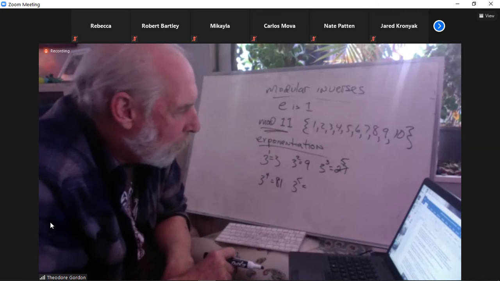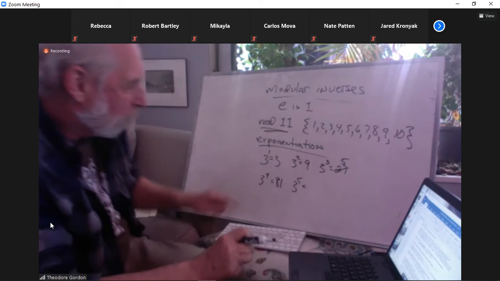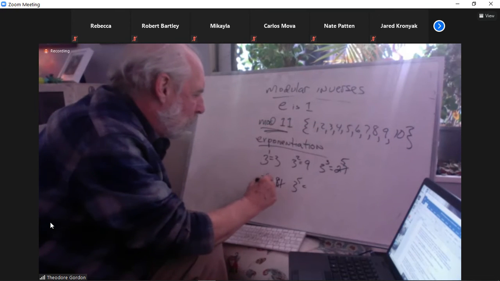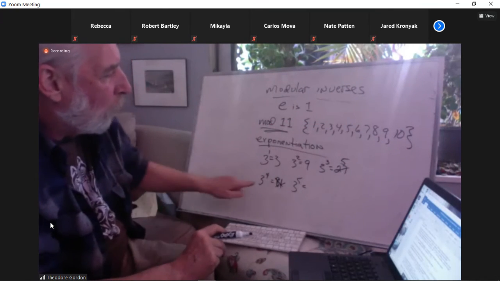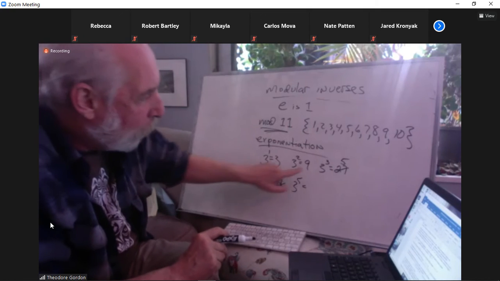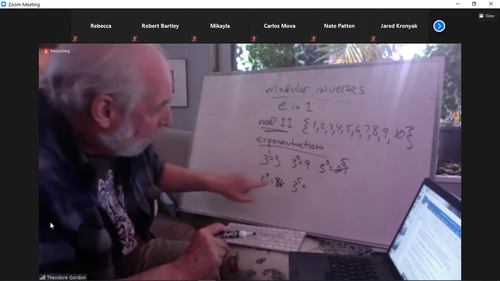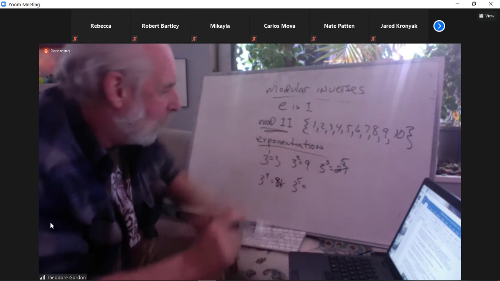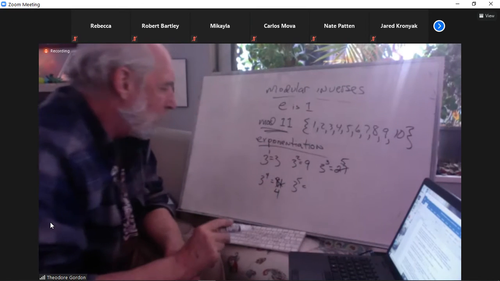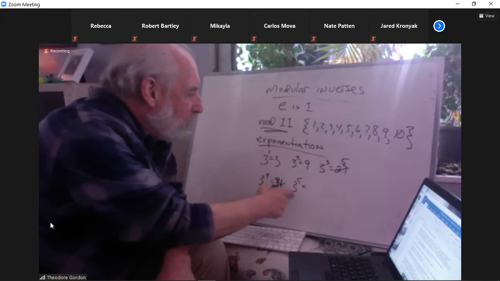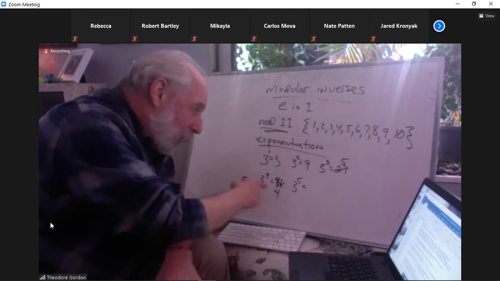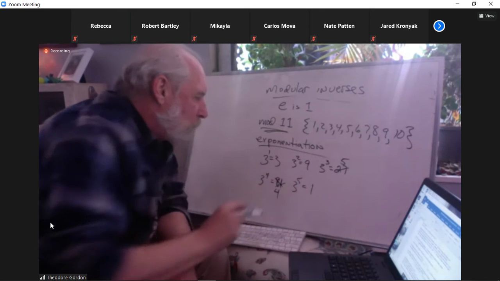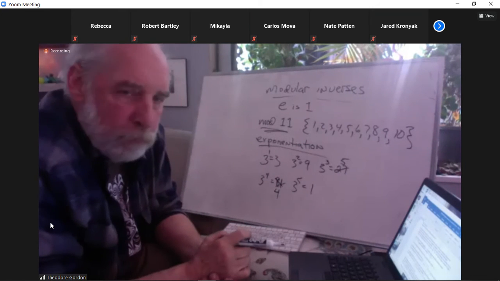So 3 to the third power is 5 mod 11. 3 to the fourth is 81, but we don't have an 81. So 3 to the fourth is 3 times 3 cubed. We've done some of these before: 3 times 5 is 15, so this is actually 4. 3 to the fifth is 3 times 3 to the fourth. So 3 times 4 is 12, and it's 1. So there we go. 3 to the fifth is 1.